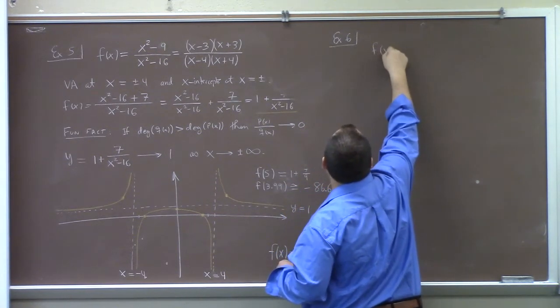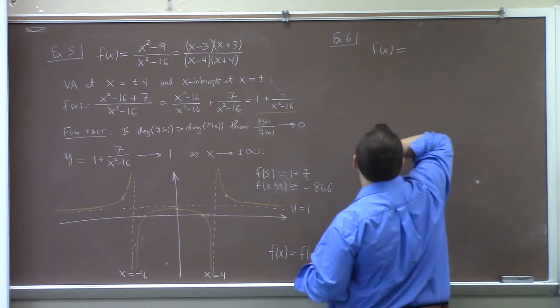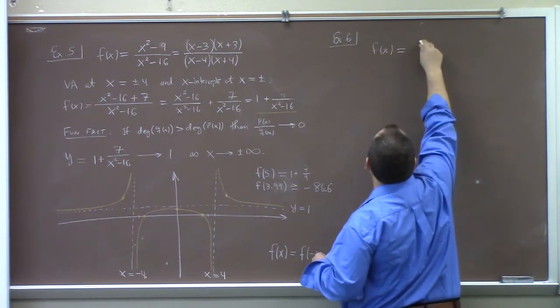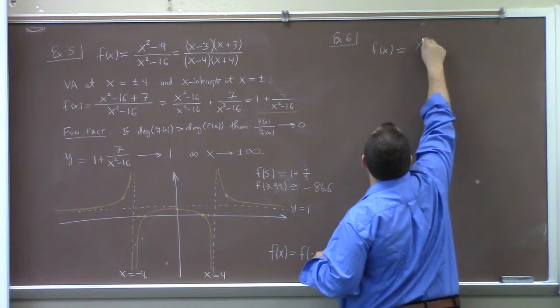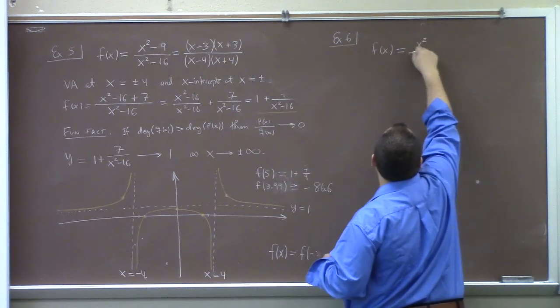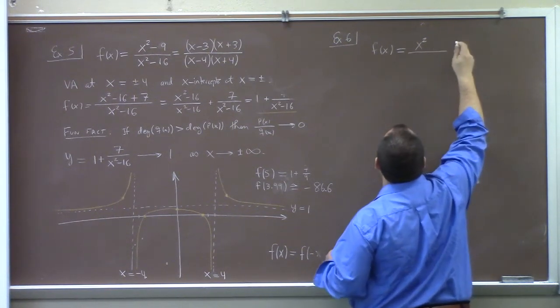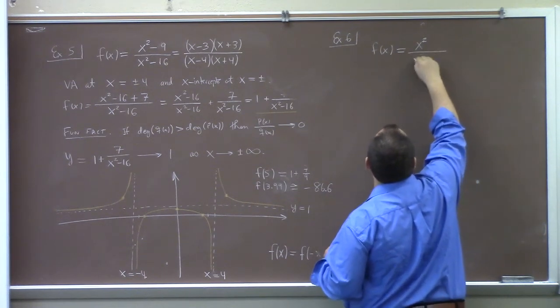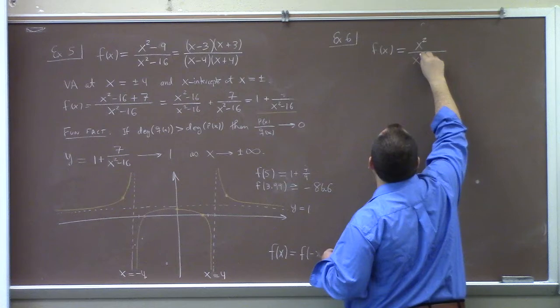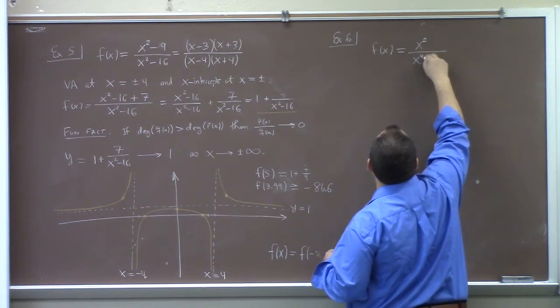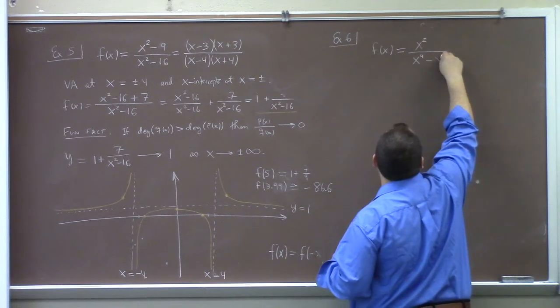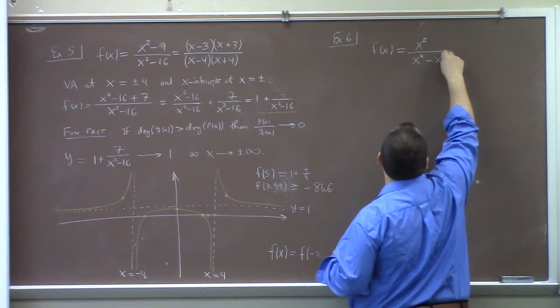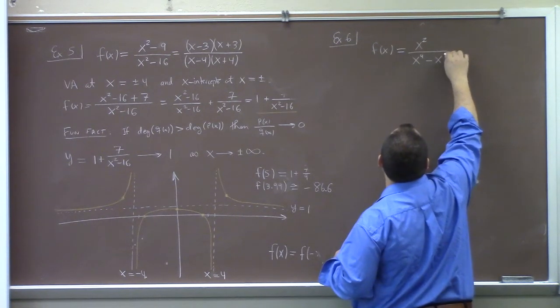Suppose we had f of x equal to x squared over, I don't know, x to the 4th minus x cubed, no, x squared.